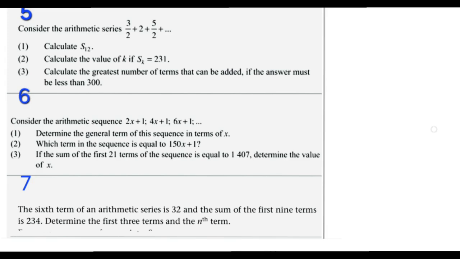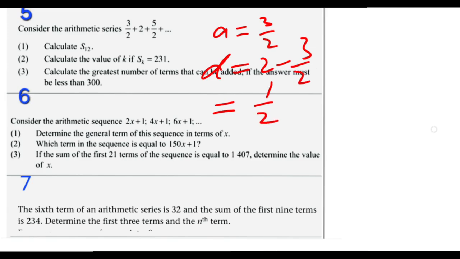We need to find the greatest integer n such that Sn is less than 300, using the formula for Sn. Remember we have a, the first term, 3/2, and the d we got is 2 minus 3/2, second term minus the first term, that will be 1/2. Now we can use the Sn formula to solve this question.